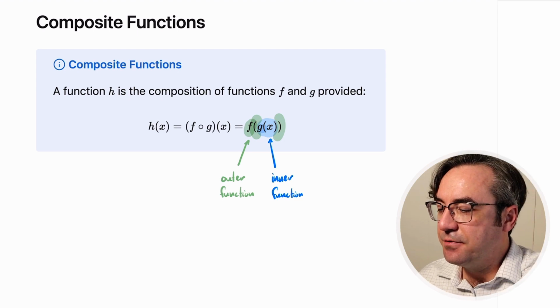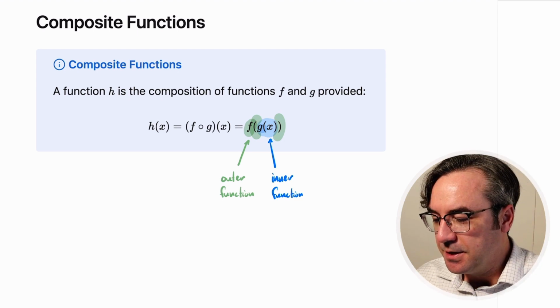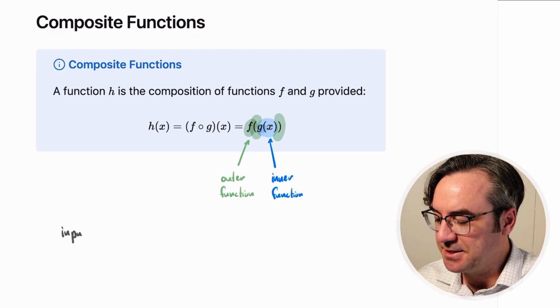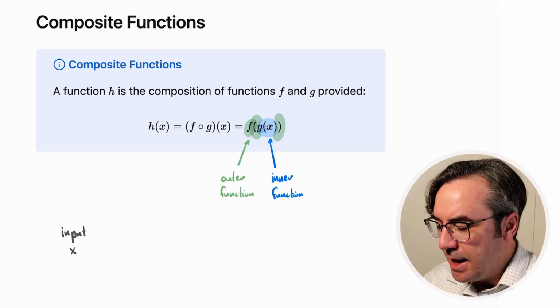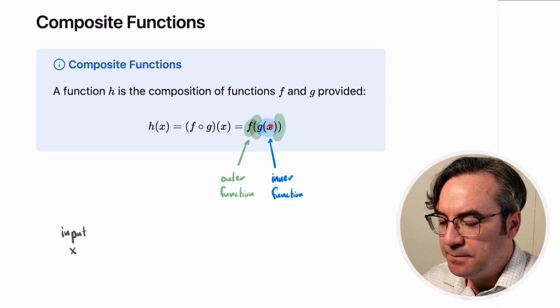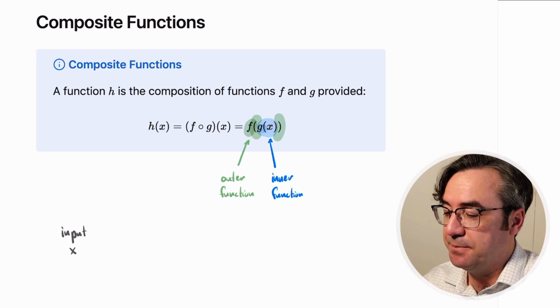So you can think of a composition as almost like an assembly line. Let's suppose that we start with our input x. So we've got our input x here. And based on this formula, the first thing that happens to that x is it gets plugged into function g.